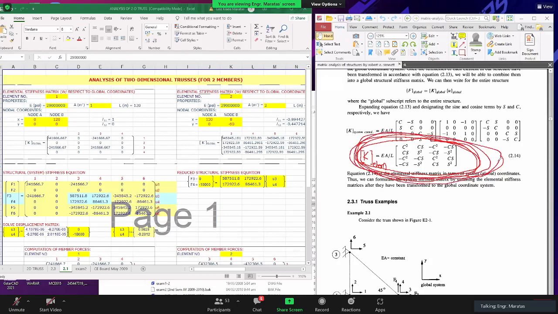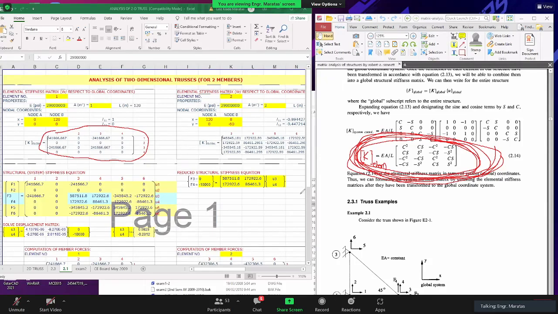Again, I would like to emphasize that this changes for each structure type. For two-dimensional trusses, the matrix is 4 by 4. You simply solve for the cosine and the sine. In terms of nodes, you solve the cosine and sine right away.